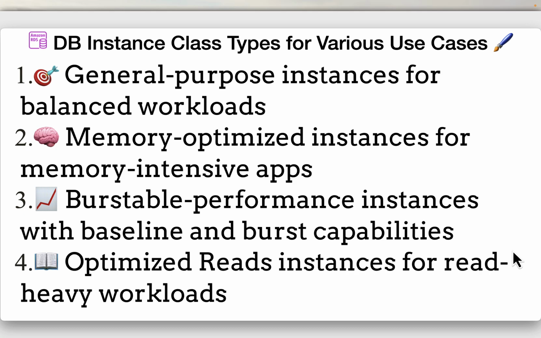And optimized reads instances for read heavy workloads. Optimized reads DB instance classes like db.r6gd and db.r6id are optimized for read heavy workloads, offering high memory capacity and local NVMe based SSD storage for fast read performance.